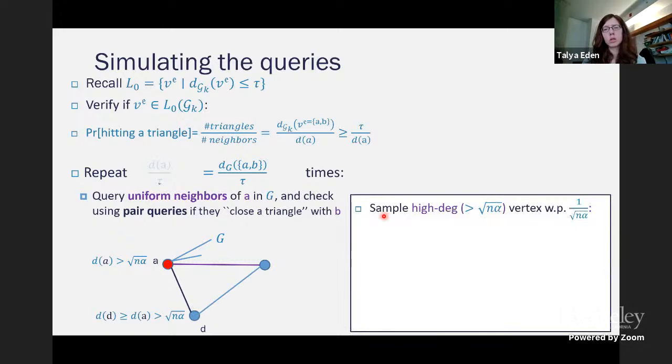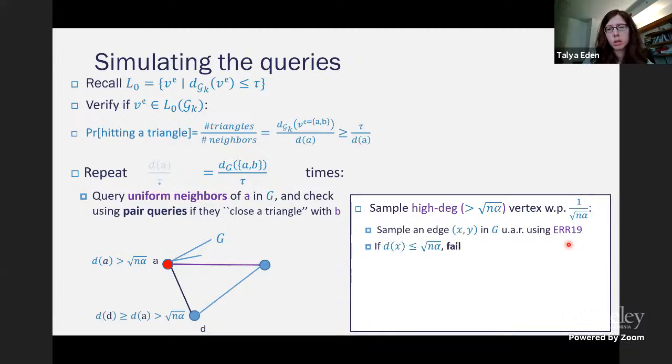So how do I do this? I want to sample high degree vertices, whose degree is greater than the square root of n alpha, with probability 1 over square root of n alpha. So whenever I sample a high degree vertex, each one is sampled with this probability. To do so, I have this small procedure of sampling high degree vertices. I sample an edge x, y in G uniformly at random using the previous result we had for sampling edges.